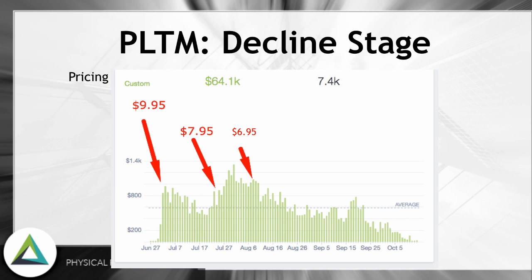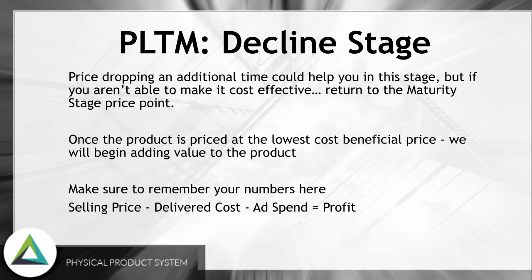I'm barely hitting that average revenue point. This is the basic key indicator for you to know that you're in the decline stage. And you're basically at the lowest cost-beneficial price, so any lower and you're not going to do anything for yourself. So you want to be at that maturity stage level price point.